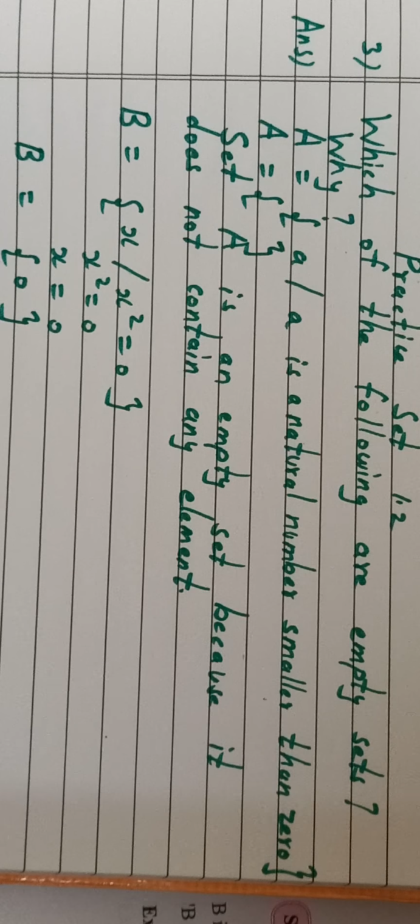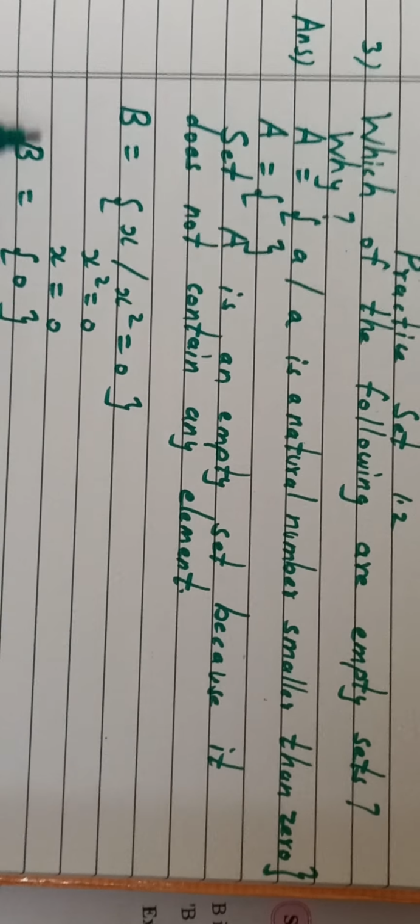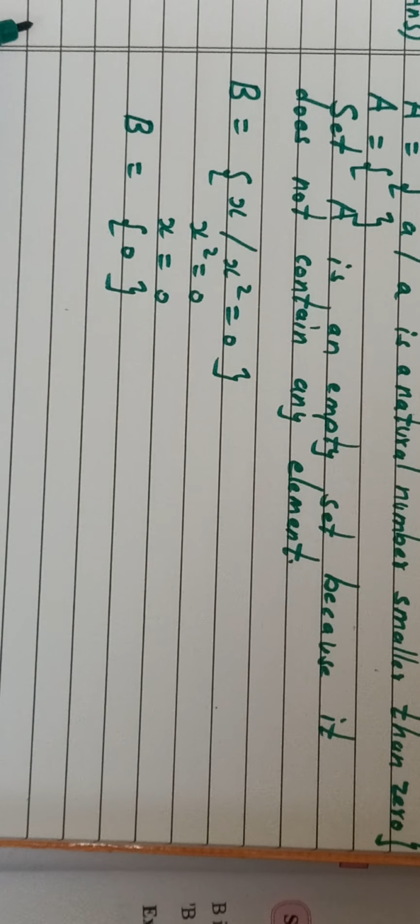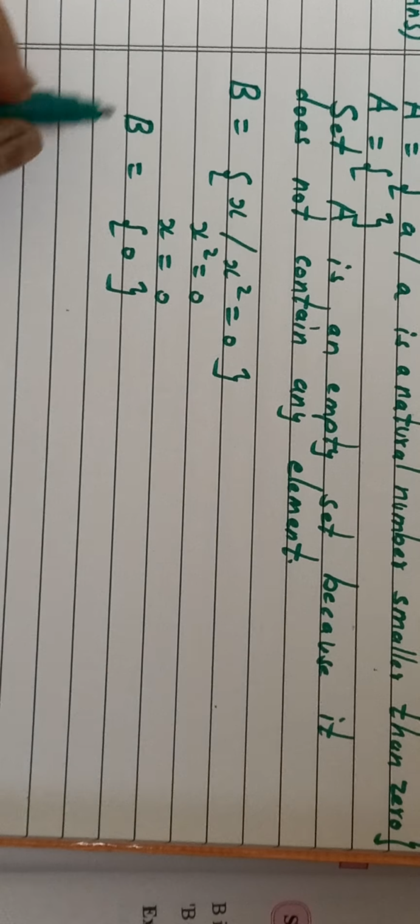So what will we write as the reason? Which of the following are empty sets? So what will we write? Set B, is it an empty set? No. They have not asked you whether it is singleton. They just ask the question whether it is empty or not. So what will you say?